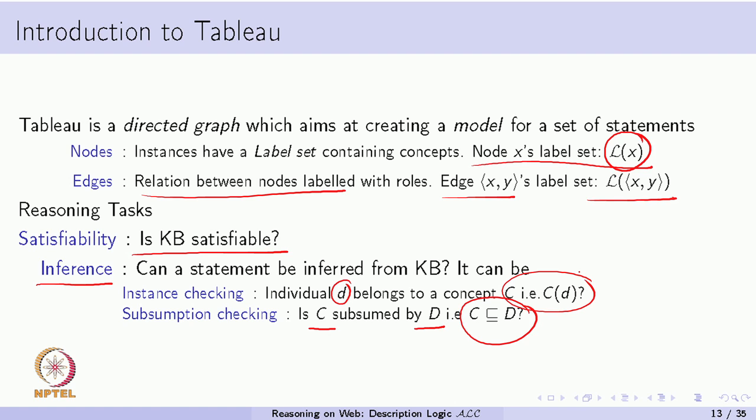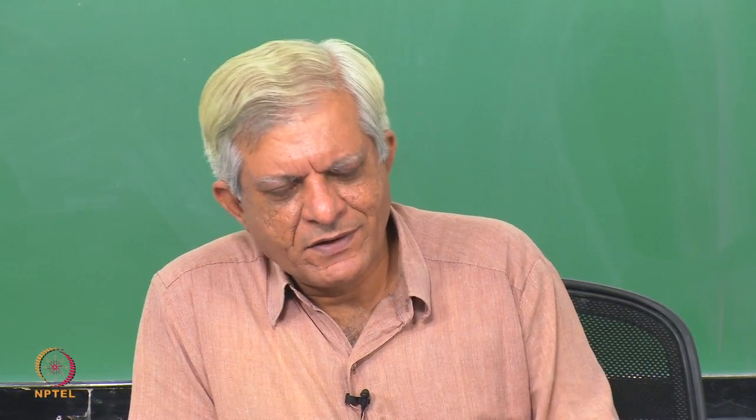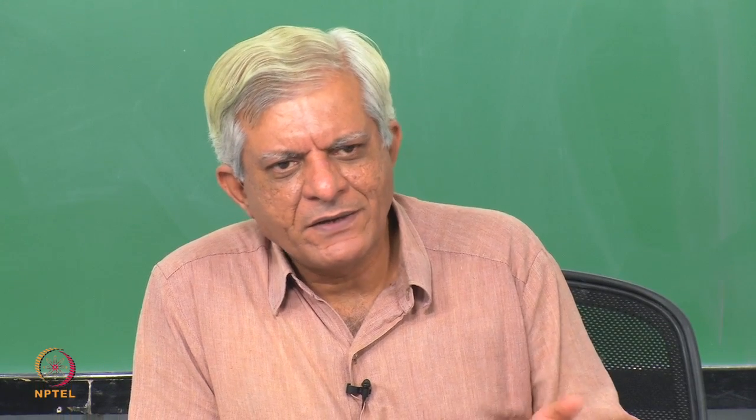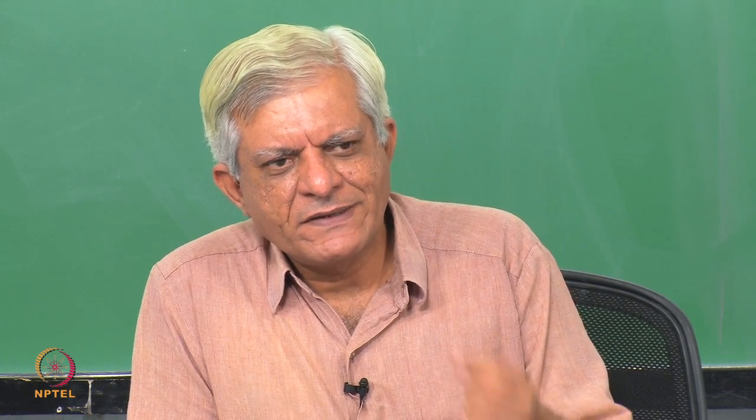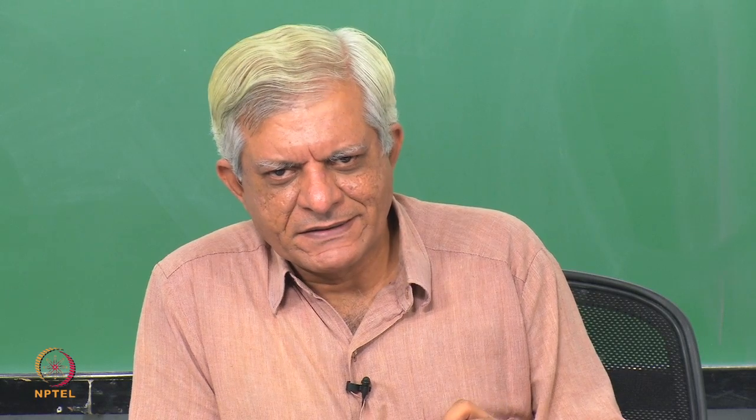Just like we did for the resolution method, where we take the conclusion, take its negation and add it to the knowledge base and then show that it is unsatisfiable by deriving the null clause. Here we will show that all branches of the Tableau will end up being closed, in the sense that they will always contain something and its negation essentially.